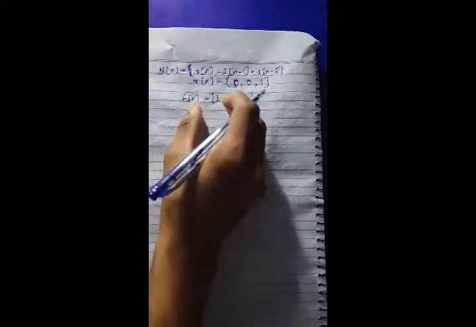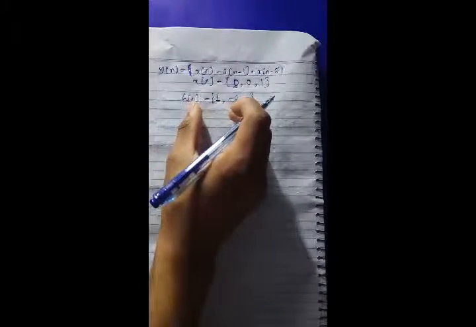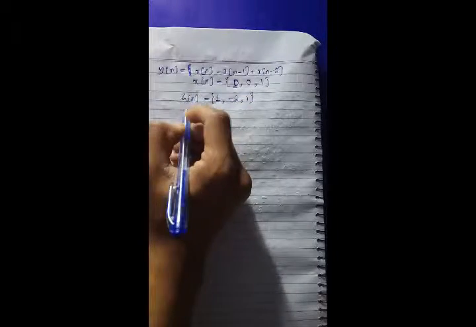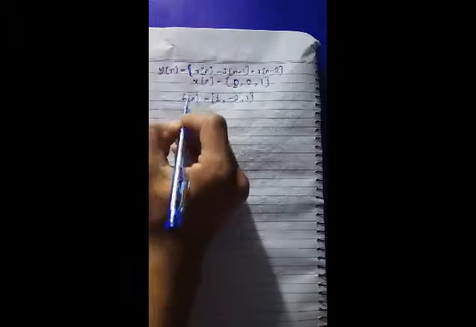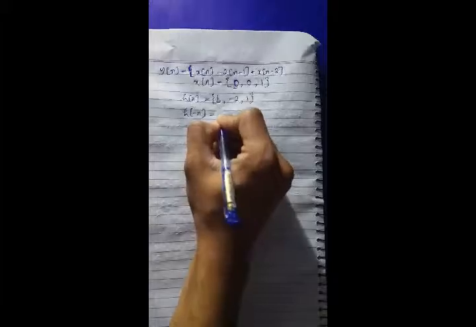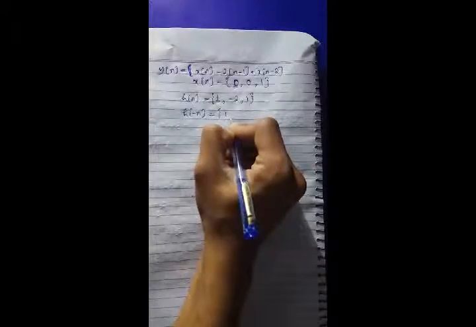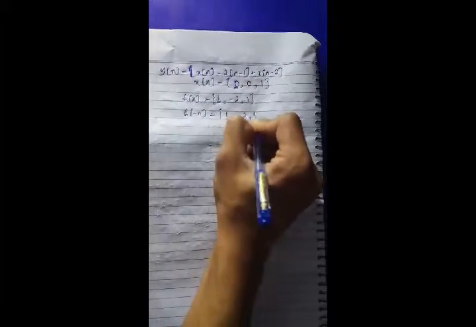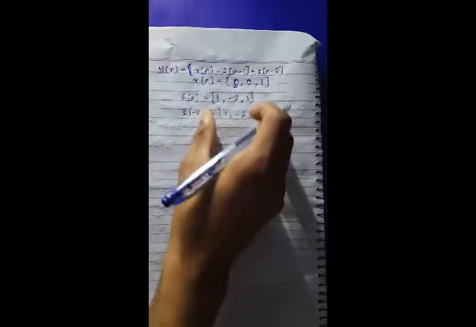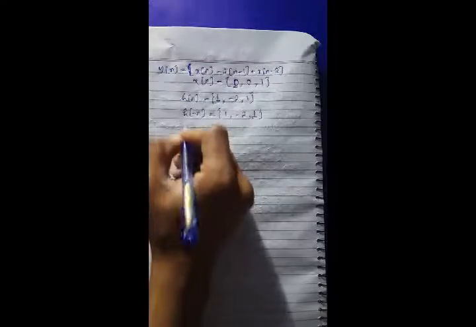Now what we will do, we will flip this impulse response, which is 1, minus 2 and 1. Now we again flip and slide and solve this example.